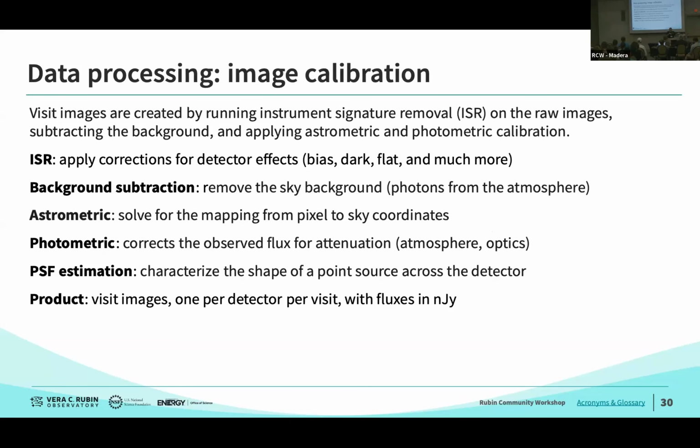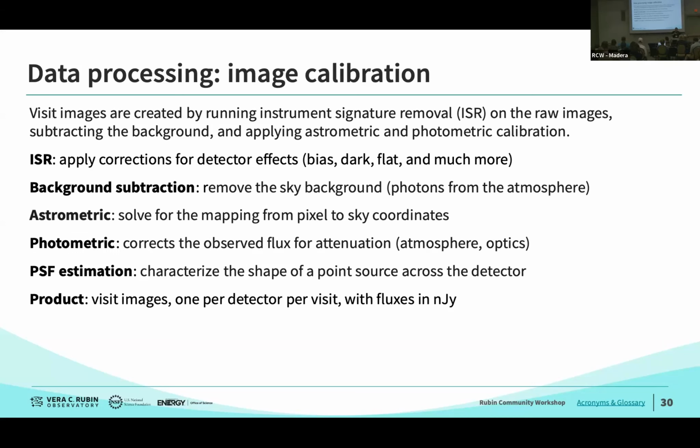But all of the data processing starts with image calibration. So the first thing that we do after we take an image is do instrument signature removal, and that includes bias, dark, flats, and much more, so that we can correct for detector effects. We also subtract the sky background and do both astrometric and photometric calibration.